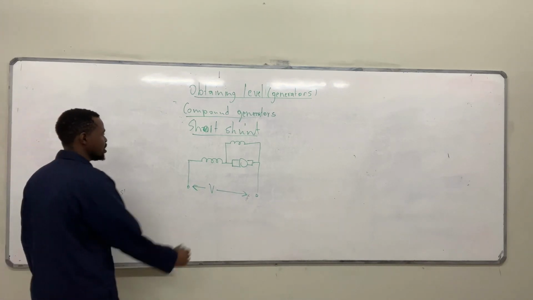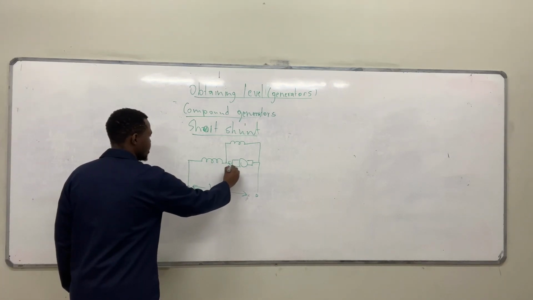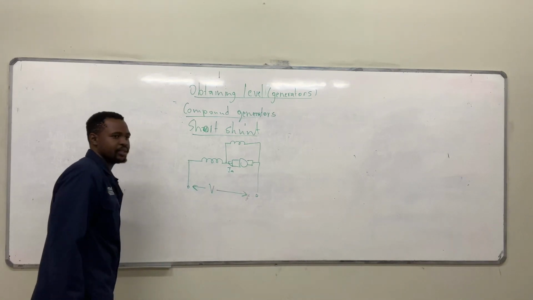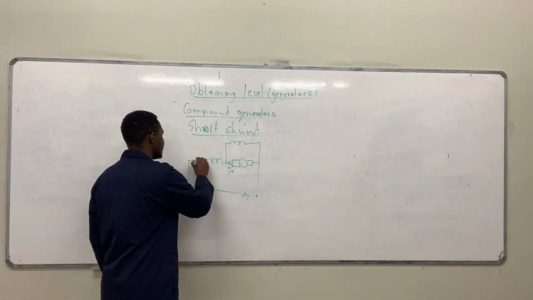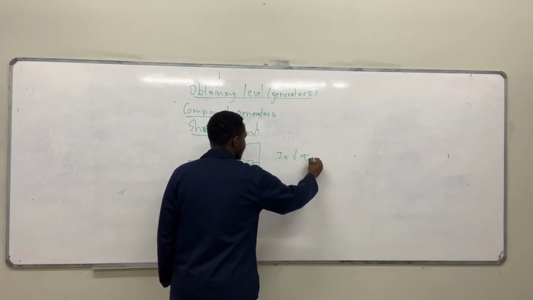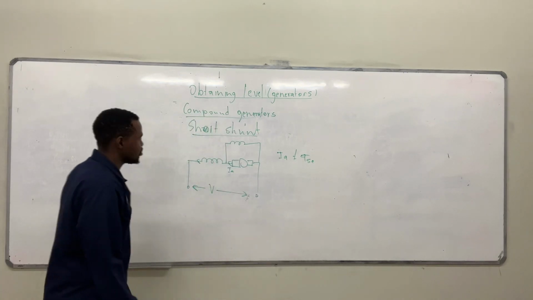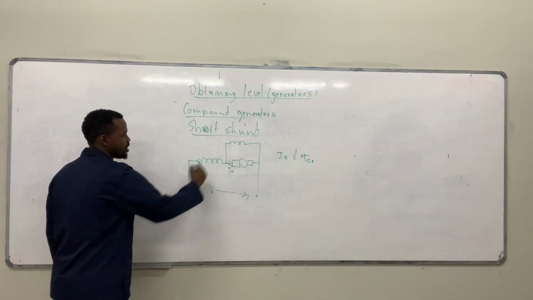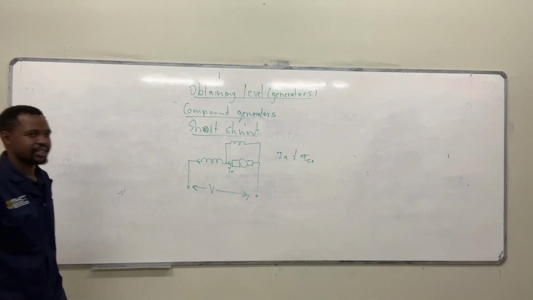Here is the current from the armature. You see, you can no longer say I armature is equal to I series, because once the current flows up, it splits.